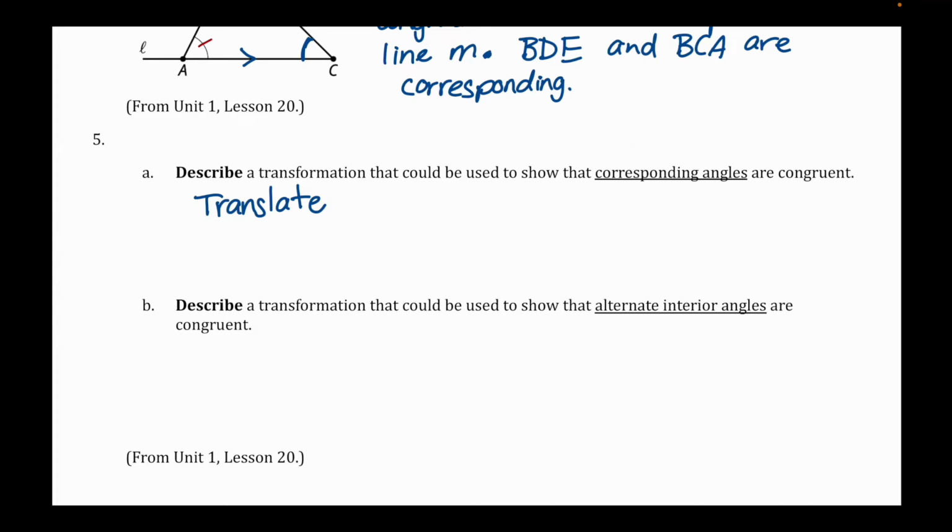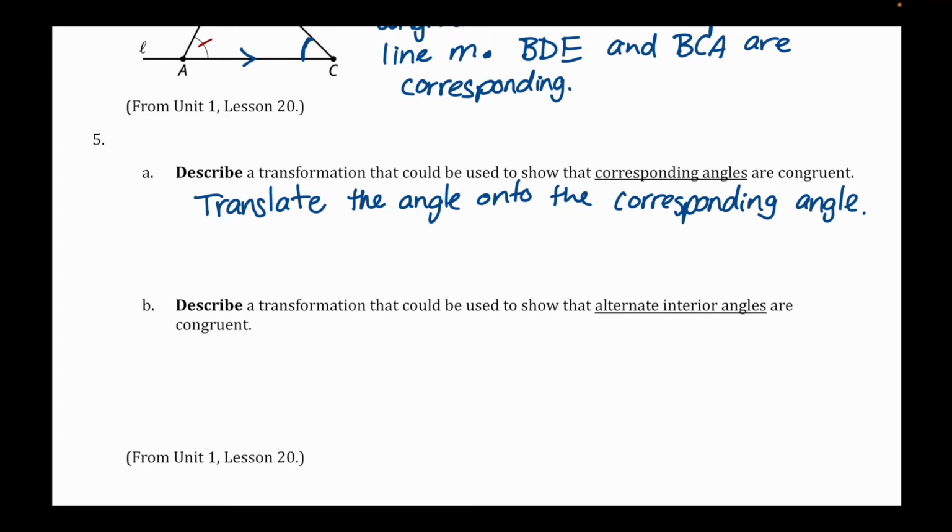So translate the angle onto the corresponding angle.